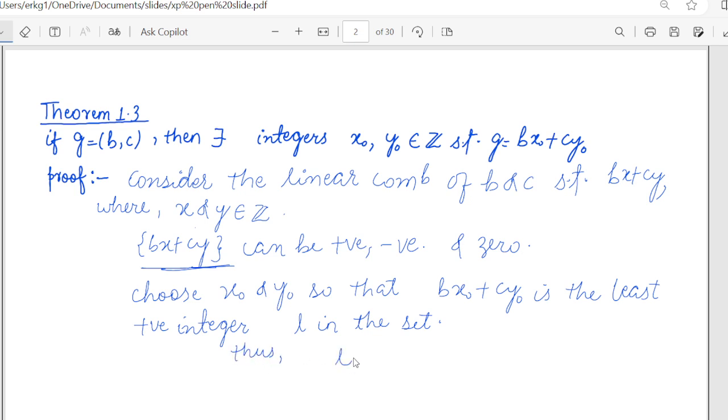Thus, L is equal to Bx naught plus Cy naught.